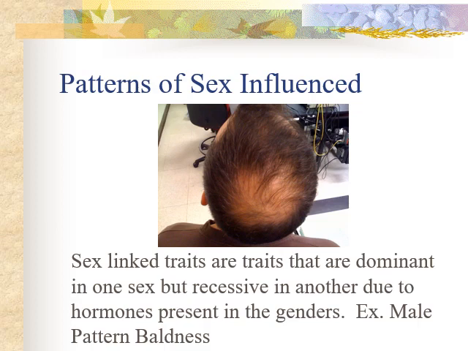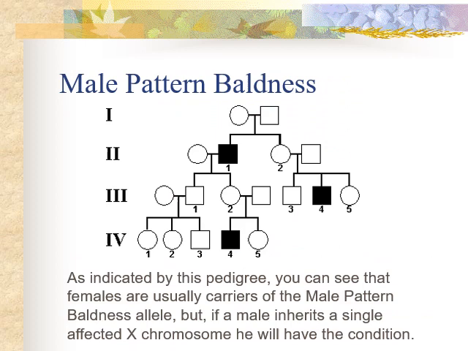So you'll see some older women displaying male pattern baldness because they have the recessive alleles, and they're lacking the hormones that were masking it when they were younger. So as you can see from this pedigree, females are typically carriers of male pattern baldness. And if a male inherits even a single X chromosome that's affected, he will have the condition and display it early in life while he's producing testosterone.